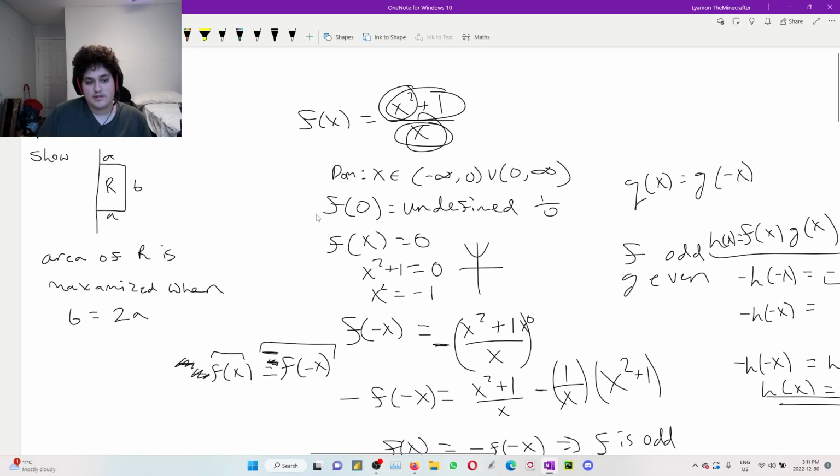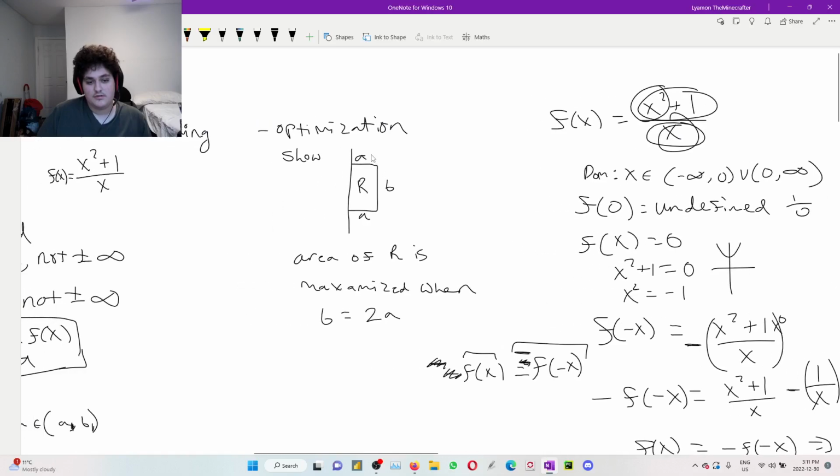And the last thing I wanted to cover was optimization. Show that the area of R is maximized when b equals 2a. So we know that the area in terms of a and b is equal to ab. We know that the perimeter in terms of a and b is equal to 2a plus b.